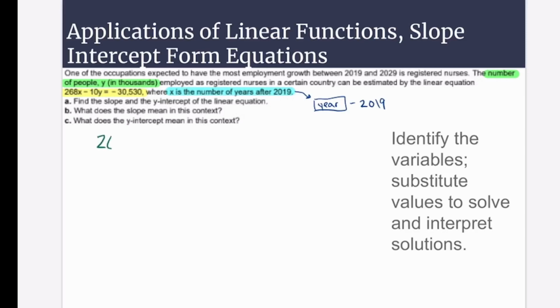So let's write this out. We have 268x minus 10y equals negative 30,530. And we want to solve for y. So we want to get y by itself. So we're going to move everything over. We're going to subtract the 268x.